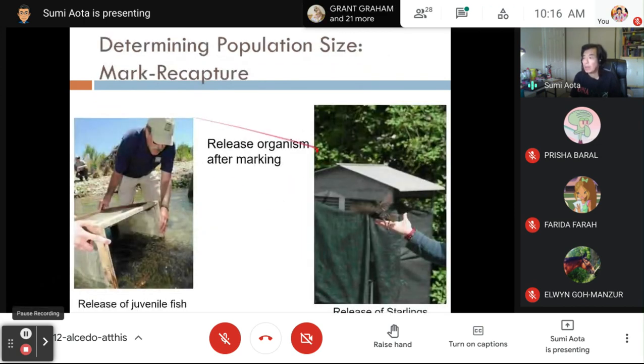After you release the organism, you're going to wait a certain amount of time and then you're going to trap them again. And when you trap them, what you're looking to see is the ratio between how many of the organisms you've captured are marked, in other words, you caught previously, and how many are new captures. And it's that ratio you use to estimate the population size.